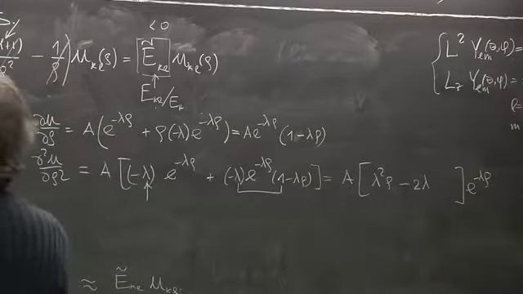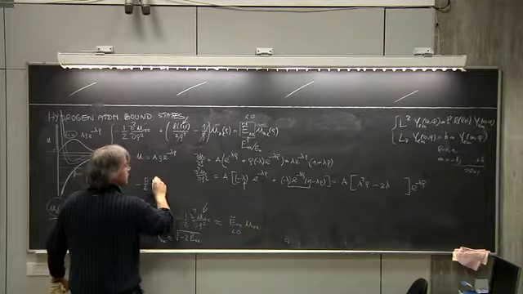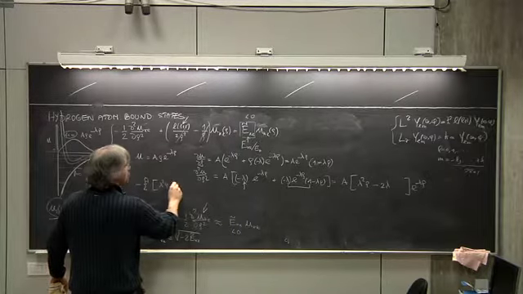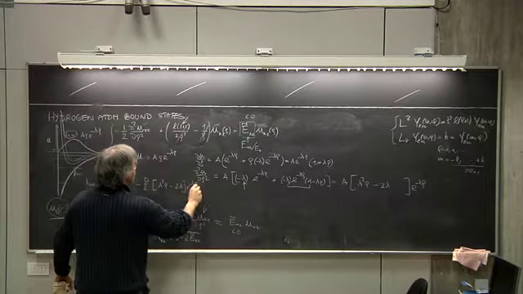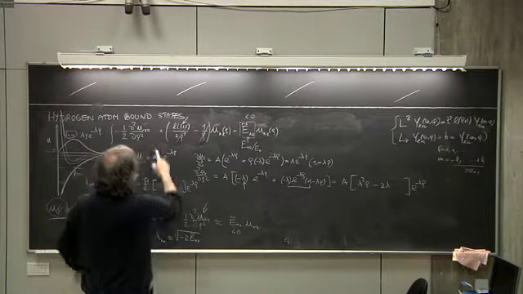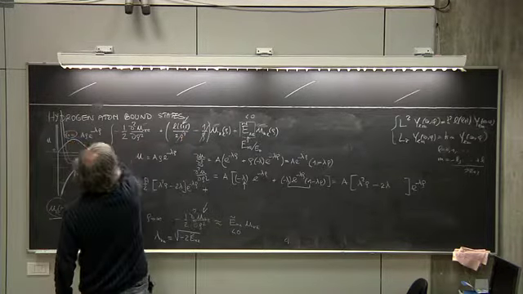Okay. Now, let's plug into there. So I have minus 1/2 that term. So a times lambda square rho minus twice lambda e to the minus lambda rho, the second derivative. Then I have plus. This term is not there. I'm doing L equals 0.